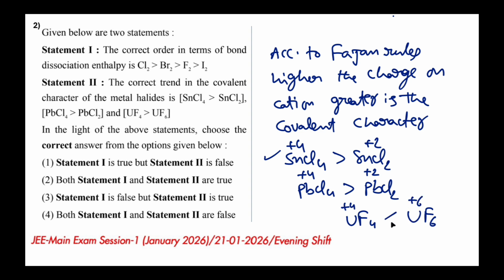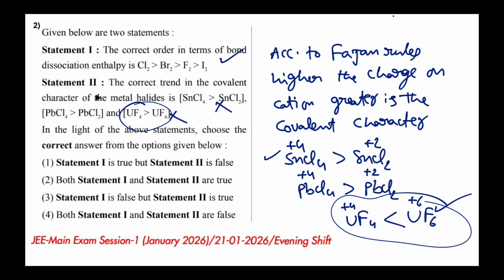Actually UF6 is more covalent than UF4, but they have given UF4 as more covalent than UF6. So this is wrong, and statement 2 is false. So the correct representation is statement 1 is true, but statement 2 is false. Option 1 is the correct one.